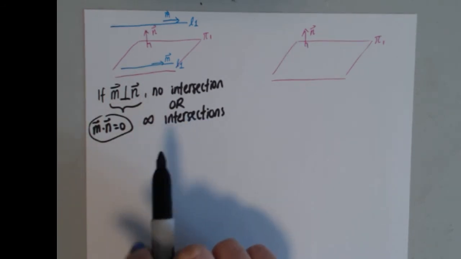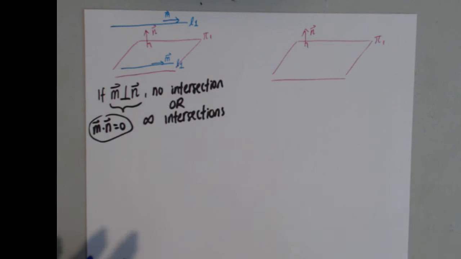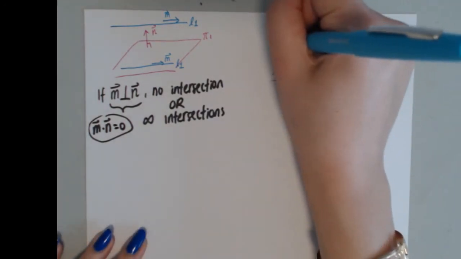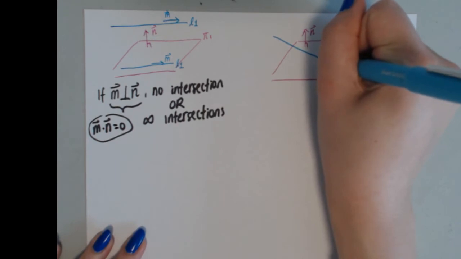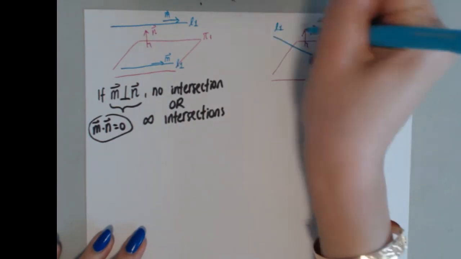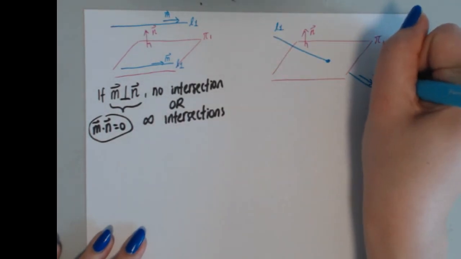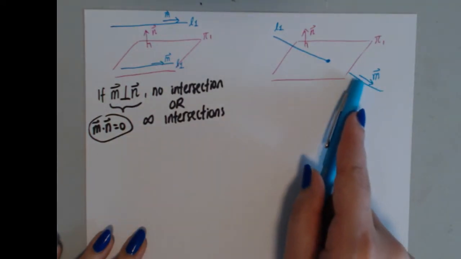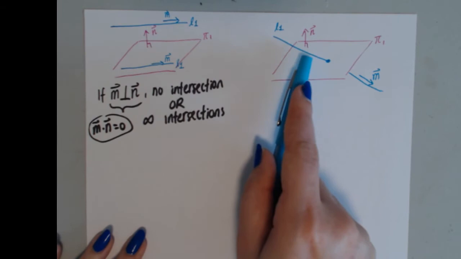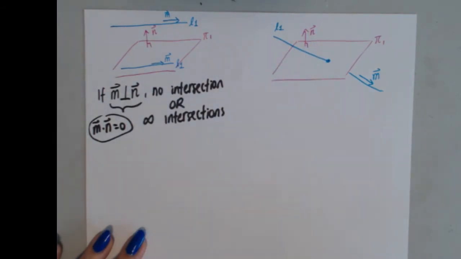Very important. Now, the only other case you have is going to be right here where we're going to draw the line just crossing through the plane and hitting it at one point. So here's L1, and the direction vector might look something like this. And you can even see from the picture, whether you draw the direction vector down and to the right or up and to the left, it's going to be at an angle to n that is not 90 degrees.